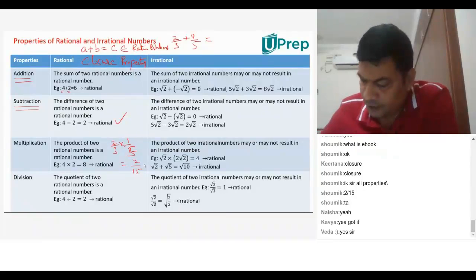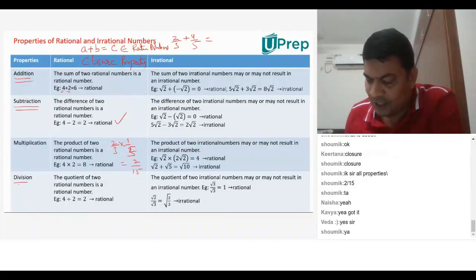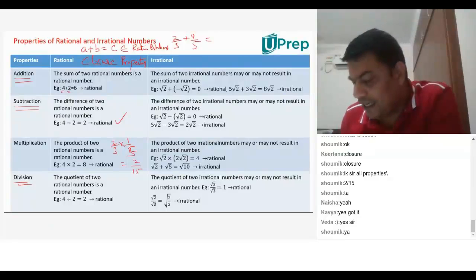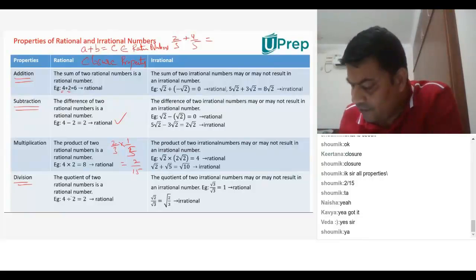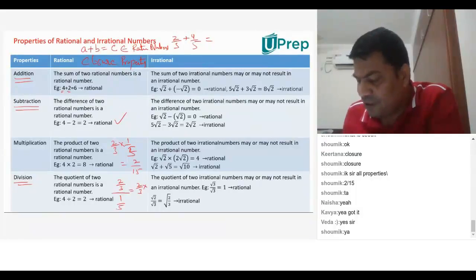Good. So now, division of rational numbers. Let's take any rational number. Here he has given you the example of 4 divided by 2. 4 divided by 2 is 2. Once again, it's a rational number. Even if I divide 2 by 3 by 1 by 5, how do we calculate it? You know it is 2 by 3 and your 1 by 5 turns, that is, it becomes 5 by 1.